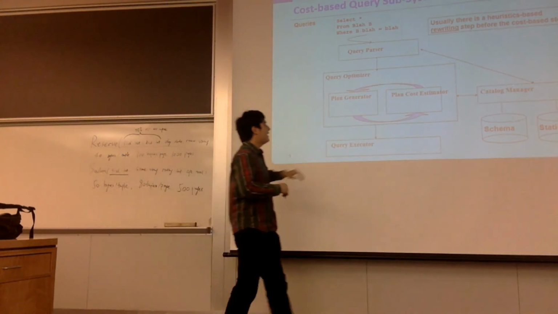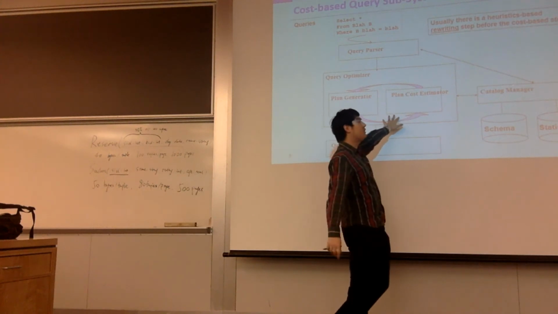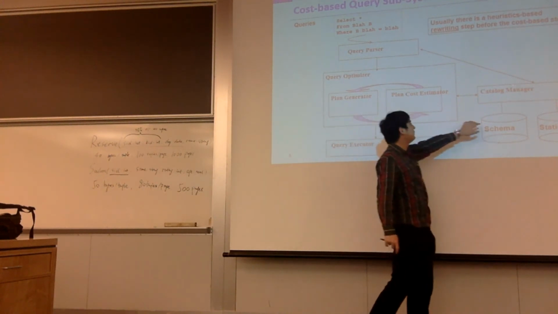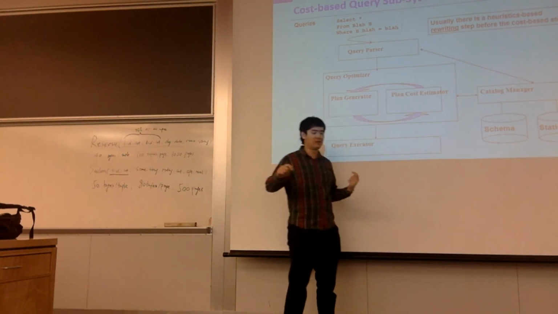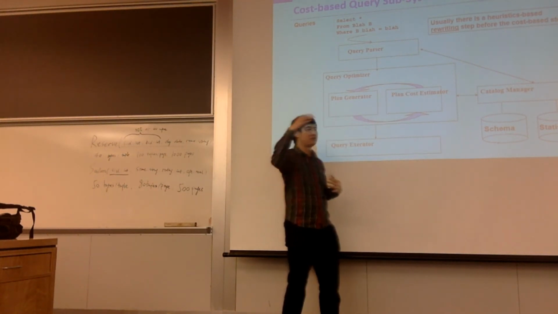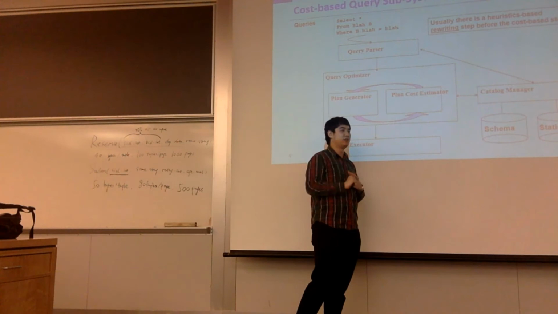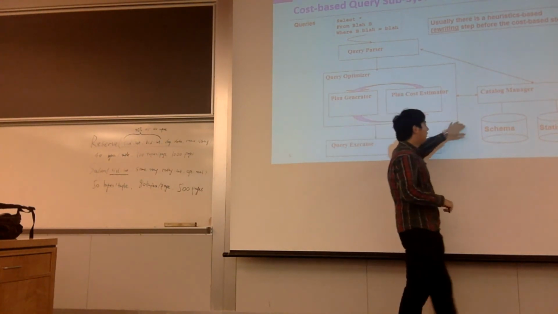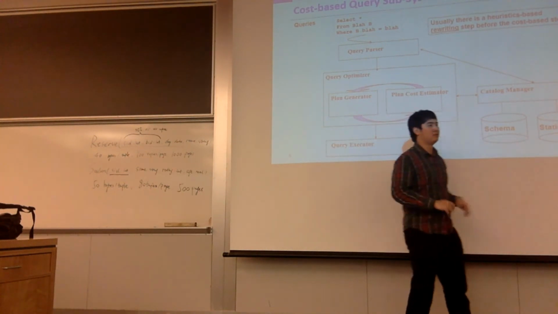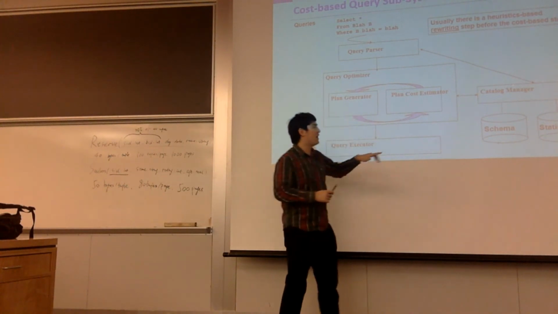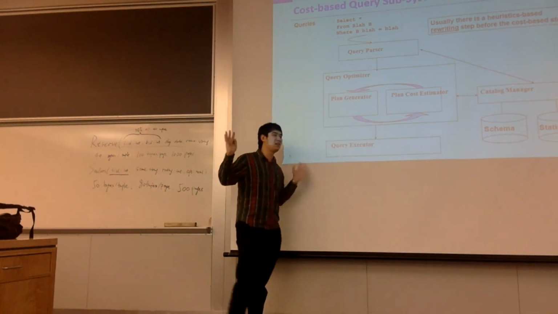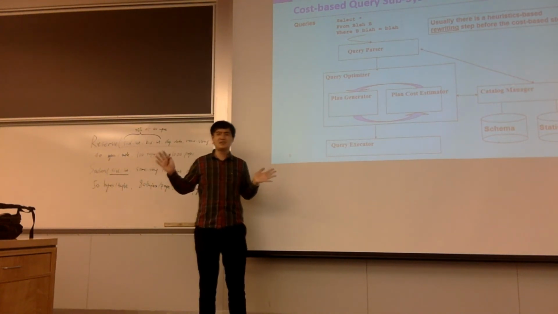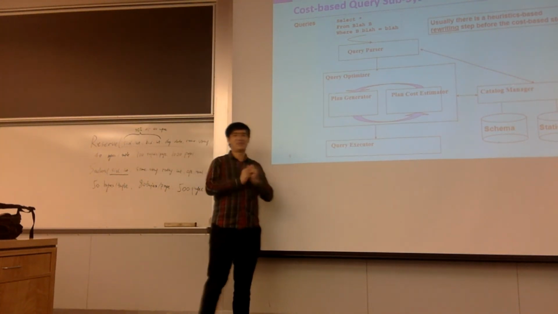That cost estimator also needs to consult the schema, because sometimes when you're doing projections, you might need to compute the reduction ratio. Or you could also refer to the statistics, which are collected during runtime. Initially in your database, you don't have any statistics, so everything is just a guess.